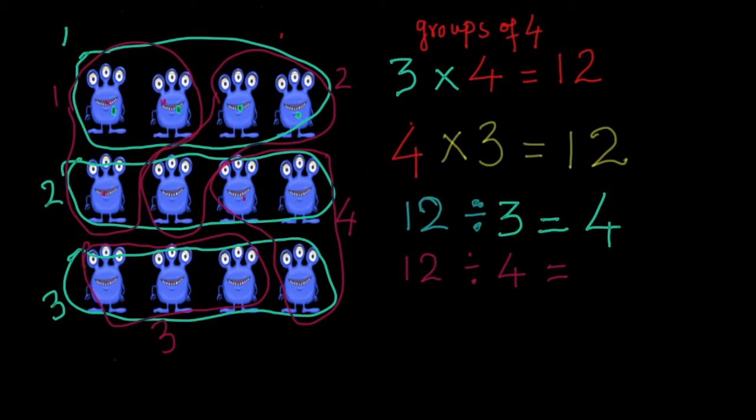We have 1, 2, and 3. 3 aliens in each group. So this is our answer. That means 12 divided by 3 equals 4, and 12 divided by 4 equals 3.